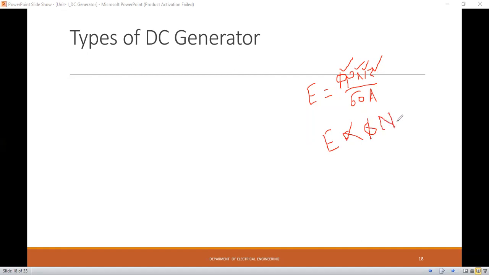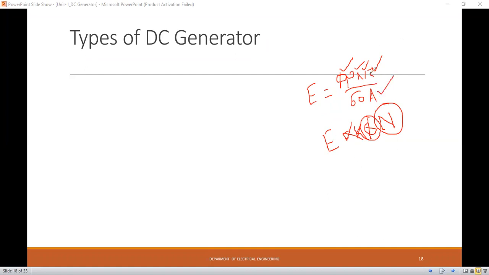At the start of the EMF equation, I told you that the induced EMF depends upon three factors. The first is the flux, that is, the magnetic field. Then the speed of rotation, and some constant K which is fixed at the time of construction.